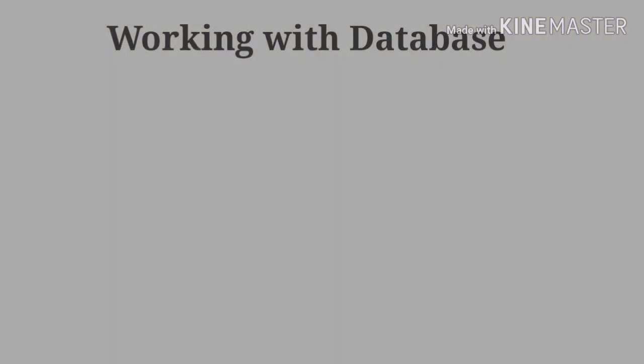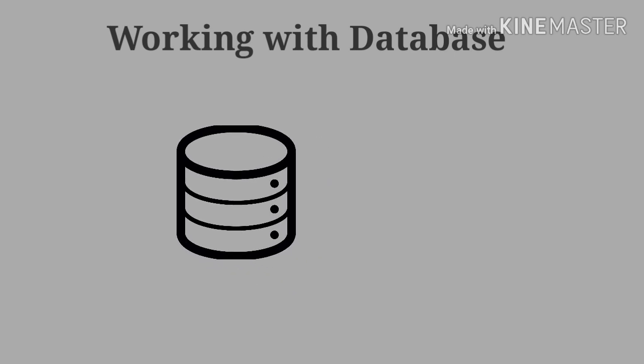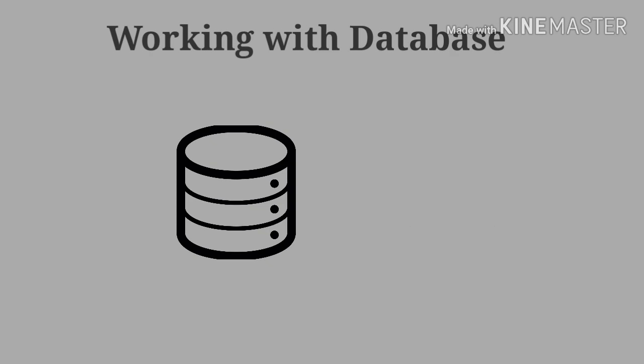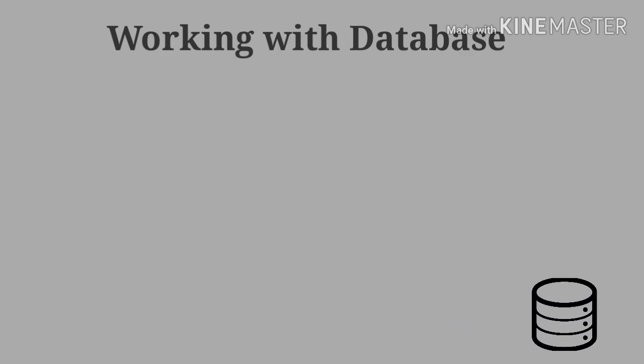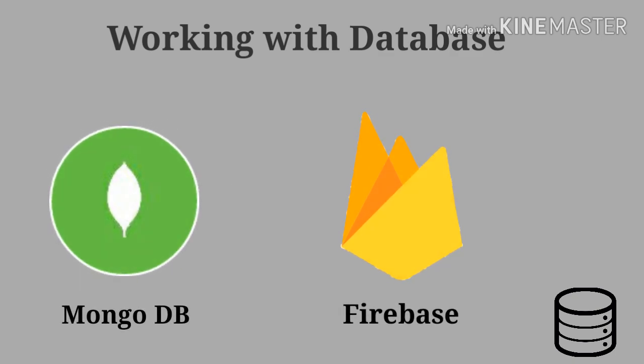Now you have to work with databases. A database is basically used to store data, files, documents, images, etc. There are a lot of databases out there and each has its own rules and regulations. Among all the databases, there are a few popular ones like MongoDB and Firebase.